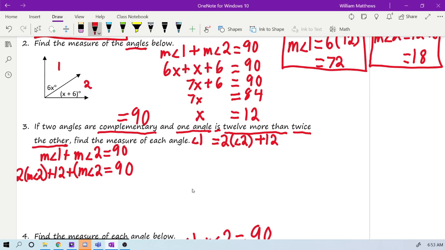Now in this case, we are just using the measure of angle 2 as the variable, so we're going to treat it that way. We can combine like terms. So now we have 3 of our measure of angle 2 plus 12, which still equals 90. Now we have 2 steps. We need to subtract the 12 and then divide by the 3.